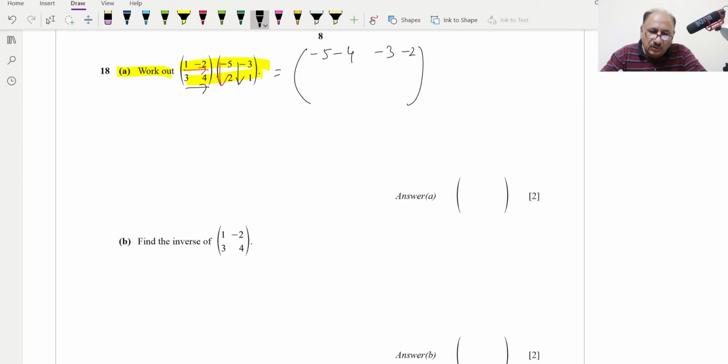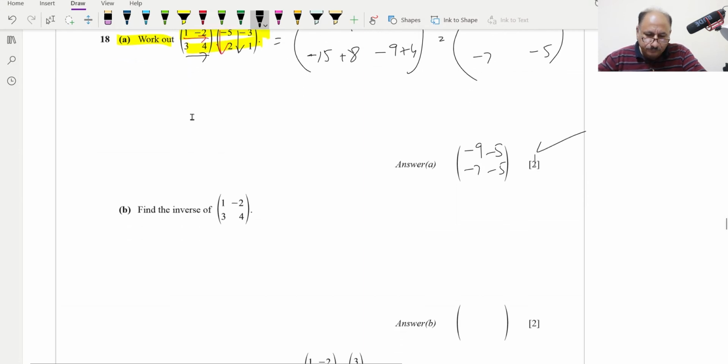Second row, first column will be minus 15 and plus 8, so minus 7. For the last one, 3 into minus 3 is minus 9, and 4 into 1 will be 4, so minus 9 plus 4, which results in minus 5. The final answer we can write over here. This will be our final answer.